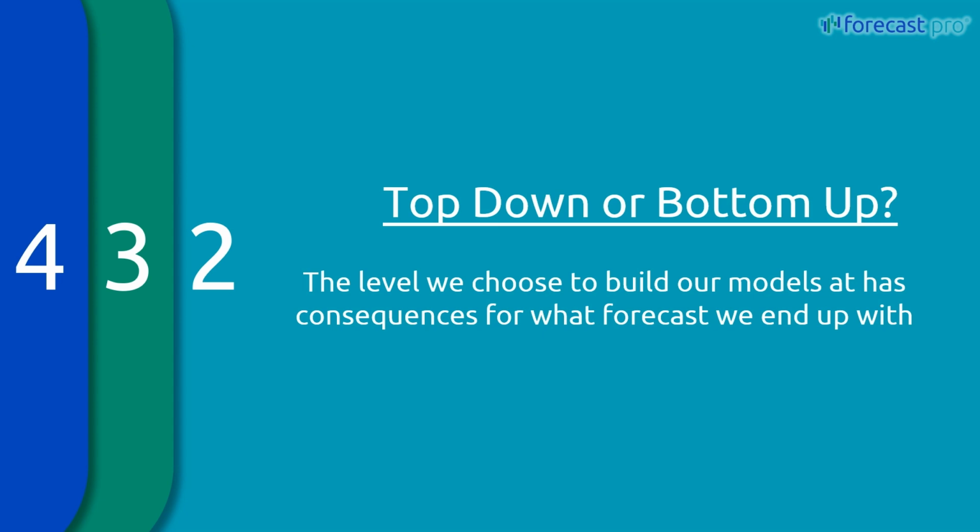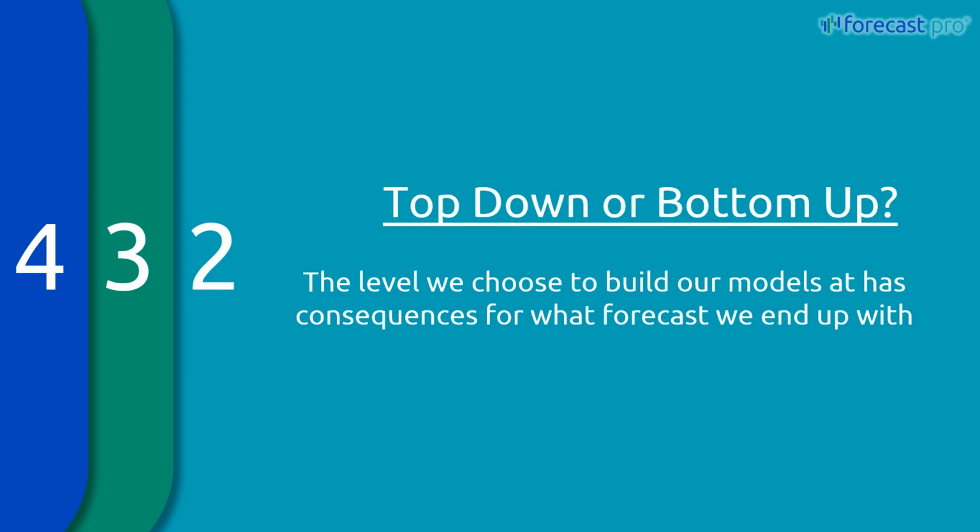Now, it's important to note that in Forecast Pro, the default is the bottom-up approach, which means that when we load historic data into our project, while models are built at every level simultaneously, the final forecast we get by default starts by taking the forecasts at the most granular level, rolling those up to the group, and then the group of groups, and higher until we reach a grand total.